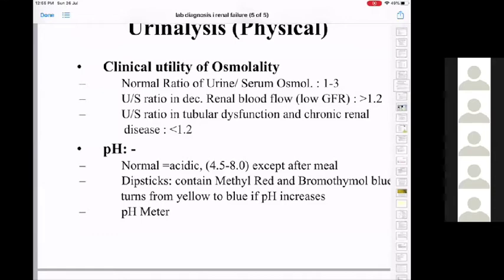Now pH. The normal pH of urine is acidic, 4.5 to 8, except after a meal. The dipstick method contains methyl red and bromothymol blue, which turns from yellow to blue if the pH increases. pH is also measured by a pH meter.